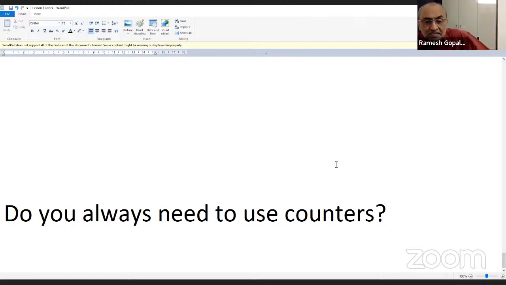So do you always need to use counters? There's a question. You know about counters. You should use counters, but do you need to use counters always? In everyday speech? Other than for living things, or animate subjects.